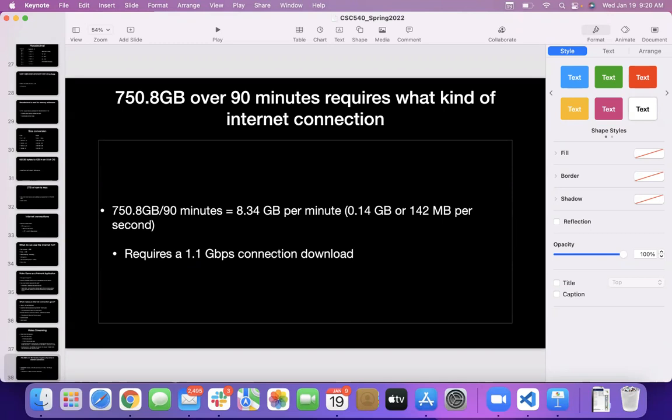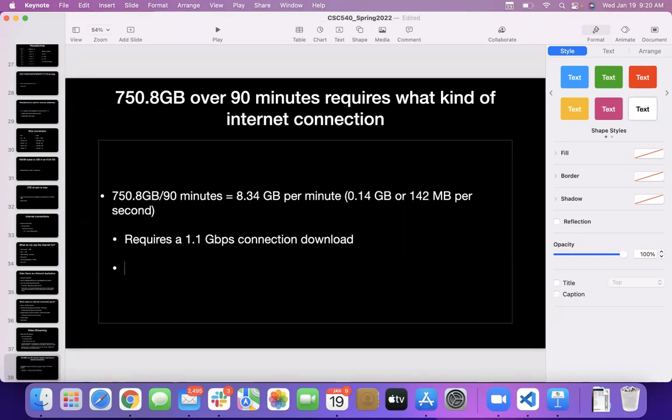Well, any length movie. It can keep up with an HD raw video signal. But for the purposes of this slide, we're going to say most, if not all, of our consumer internet can't do this.